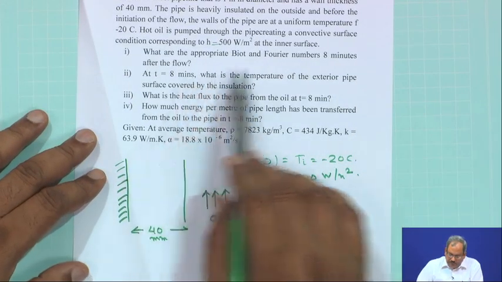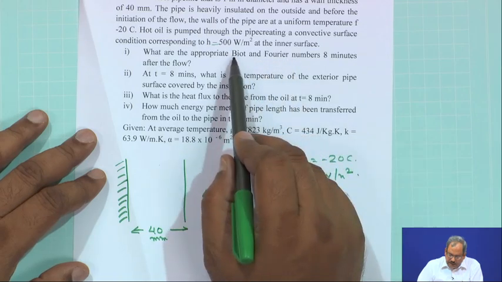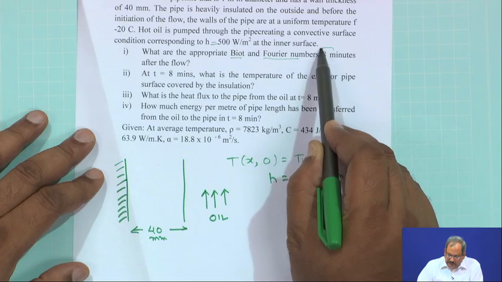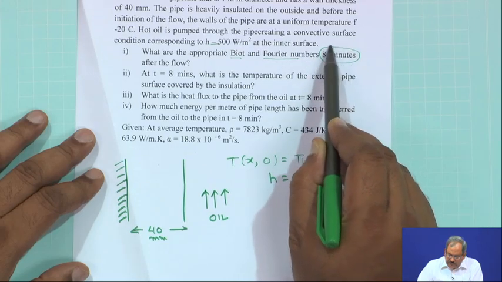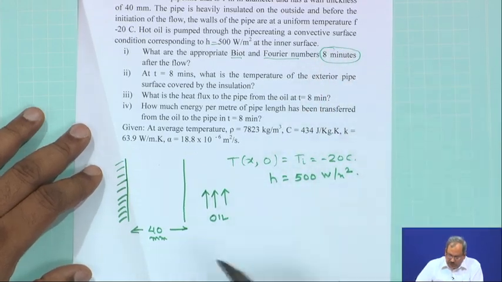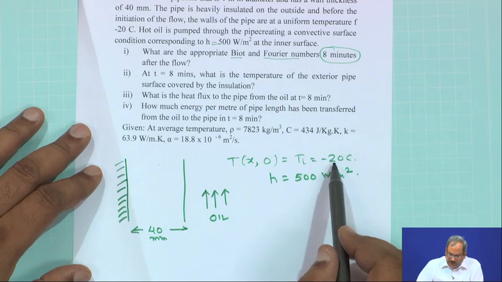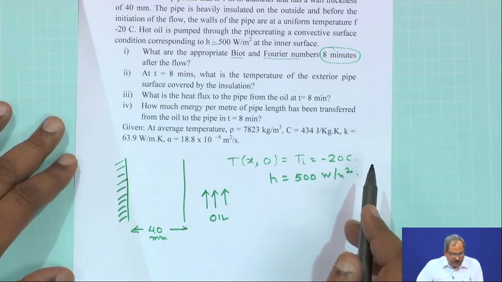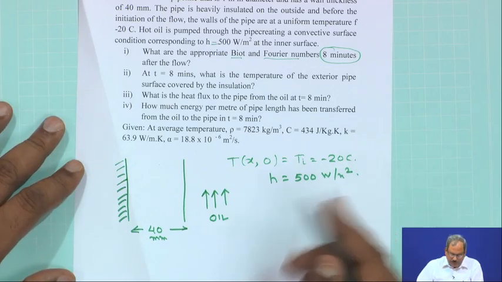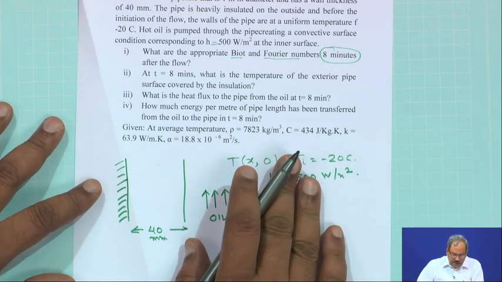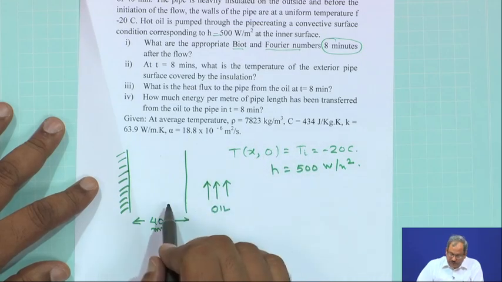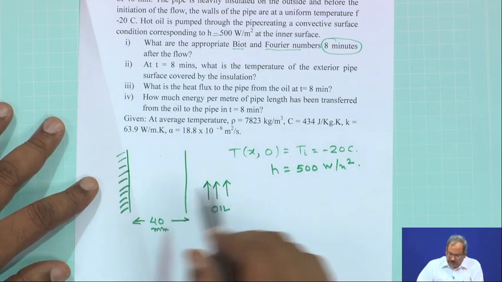Now, you have to find the appropriate Biot and Fourier numbers 8 minutes after you start the flow of the hot oil. Initially everything was at minus 20, and then suddenly you start passing hot oil through this, and you would like to find out how the temperature will change at different points.